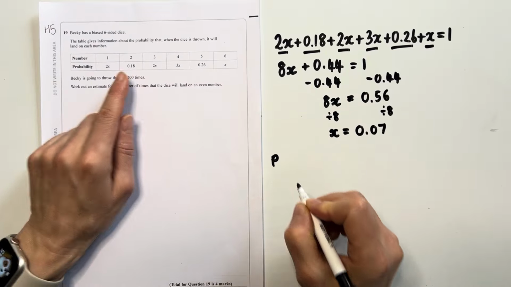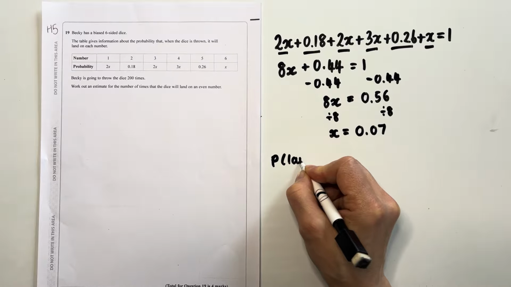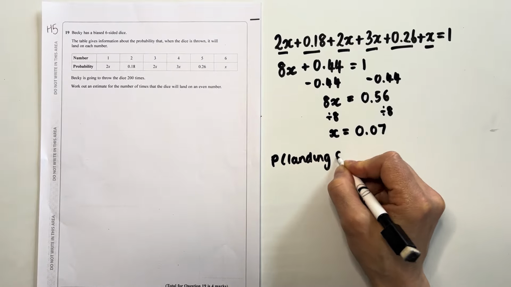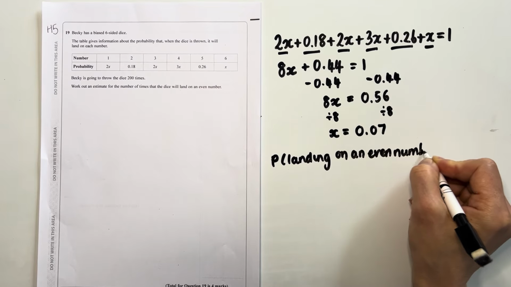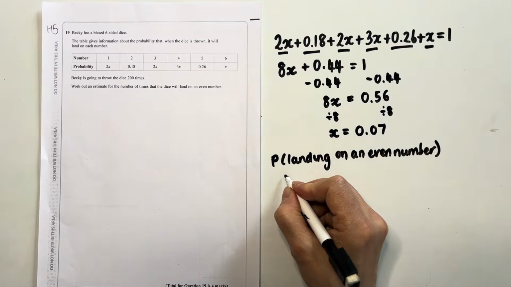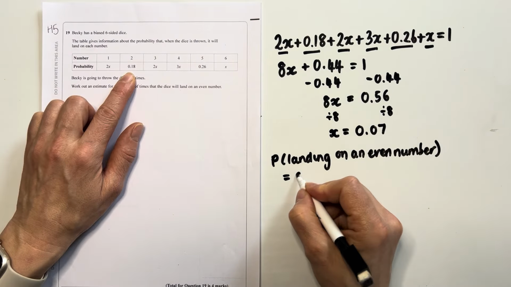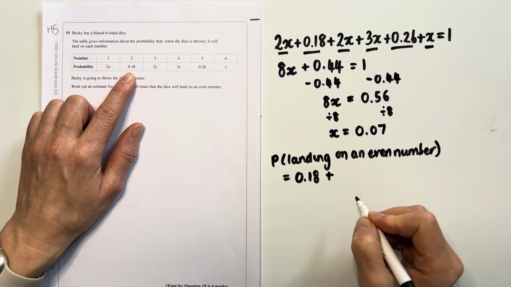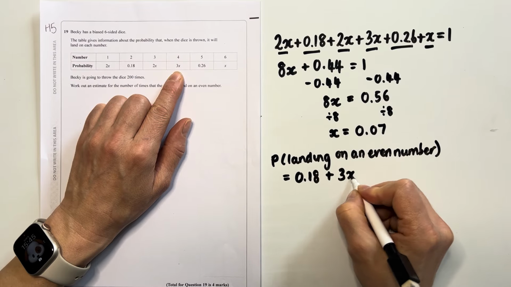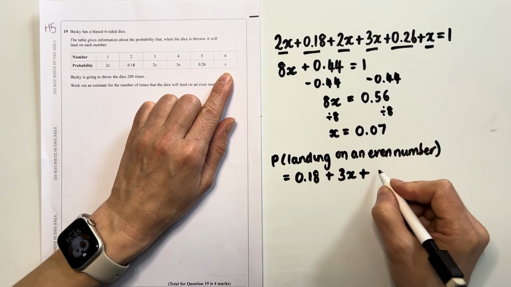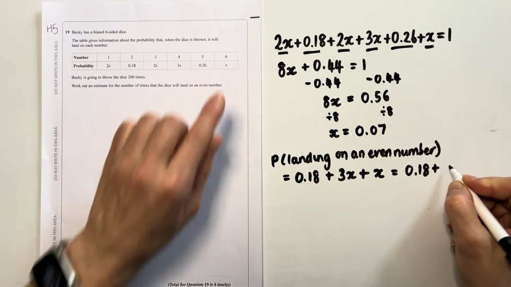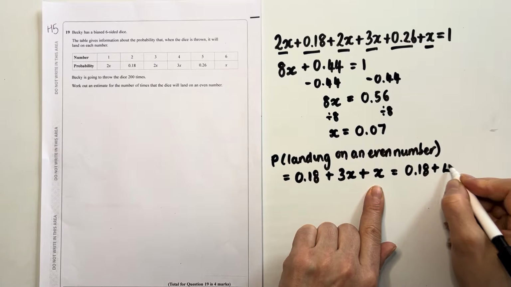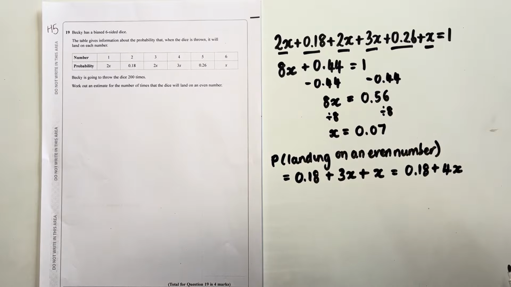So the probability of landing on an even number is equal to 0.18 add 3x add another x, which is the same as 0.18 add, and we can add these together, so we've got 4x. We know what x is, so we can substitute that in.